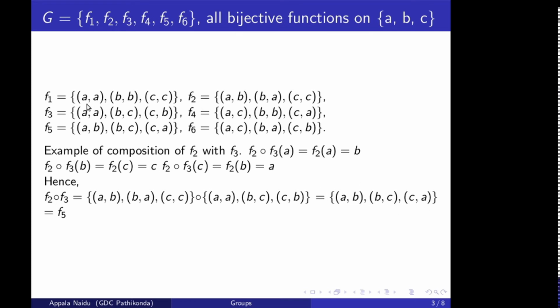If we see, A is going to B, B is going to C, C is going to A. This is F5. So the composition F2 circle F3 is F5. Like that, we can compute every possible composition.